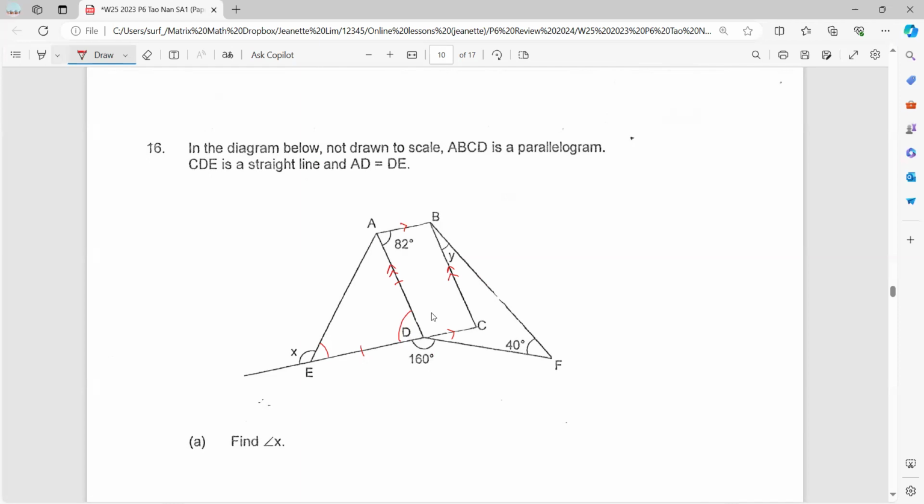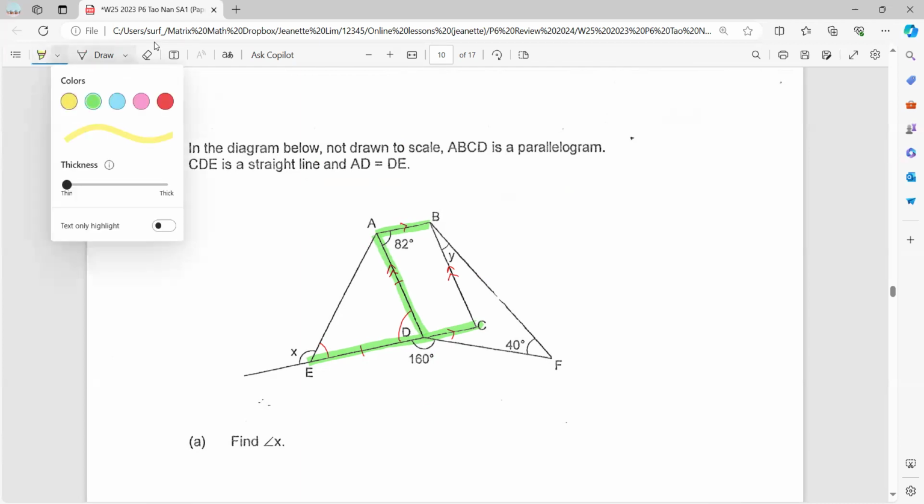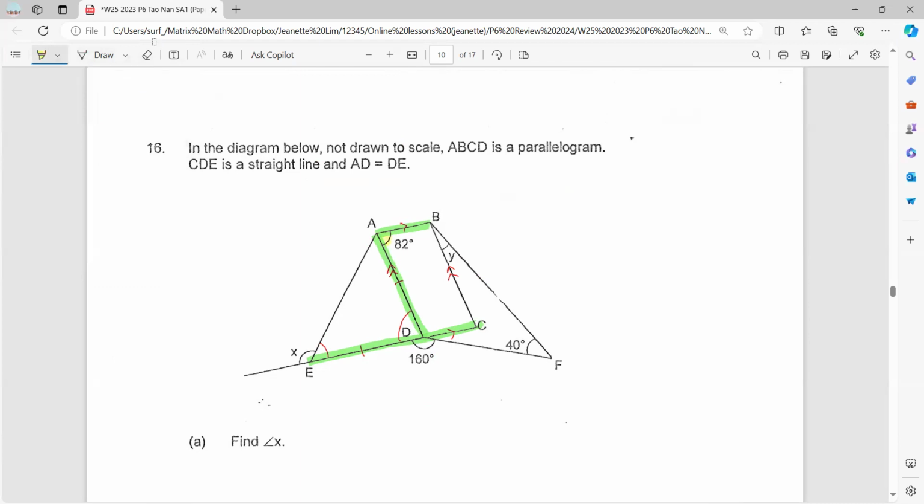Yes. How? By using parallel lines. You see, this is parallel to this, because CDE is a straight line. So if you have a line cutting across it like that, then I can say that this angle here is the same as this angle here. Okay, so this is 82.